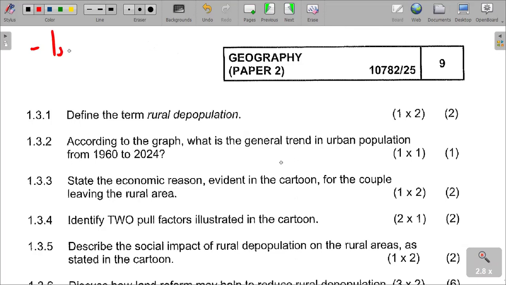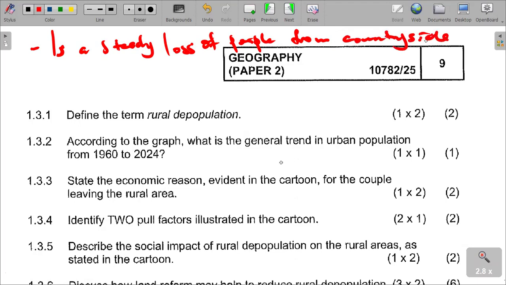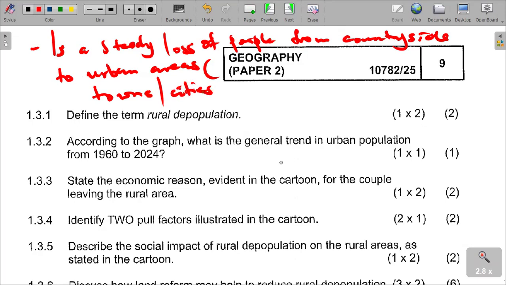It is a steady loss of people taking place from the countryside, from the rural areas to urban areas, which we can say to towns or cities. People tend to move.